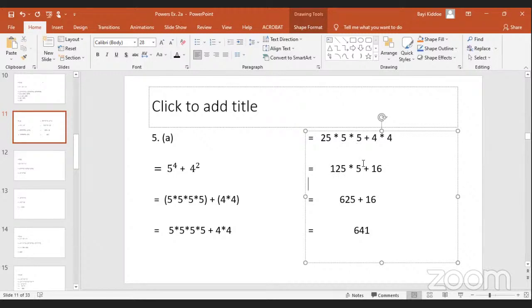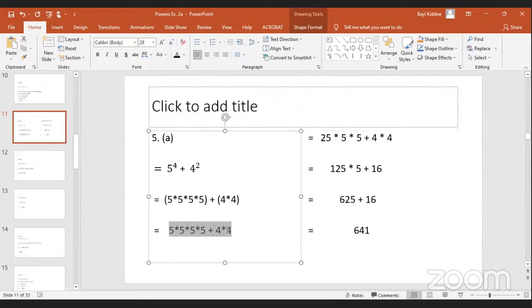Yes, third row, right there. So we're going to do 5 times 5 first.